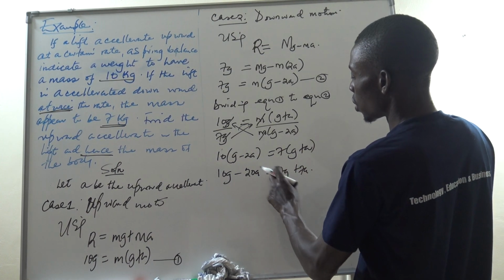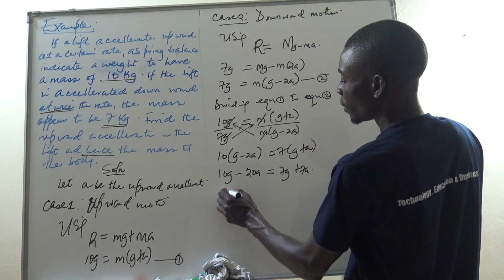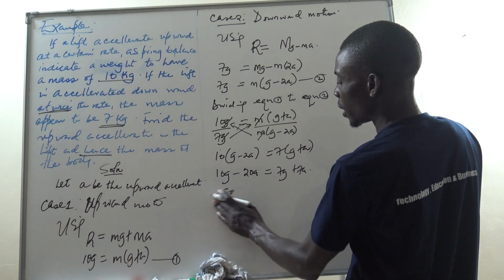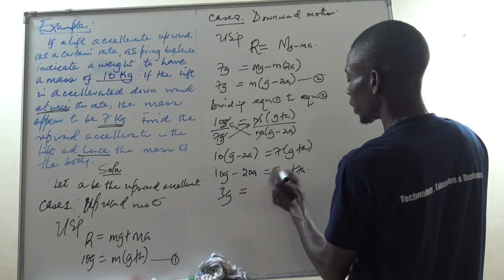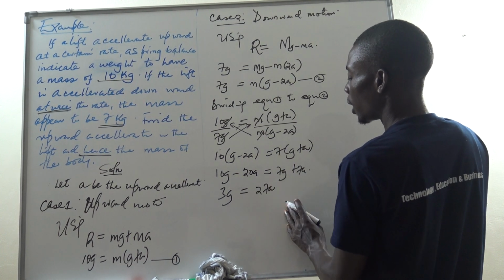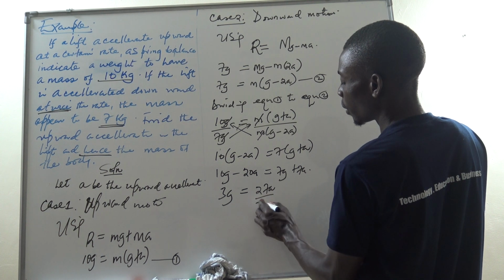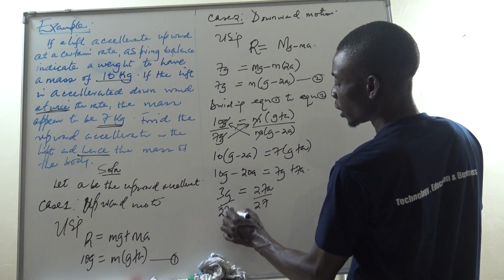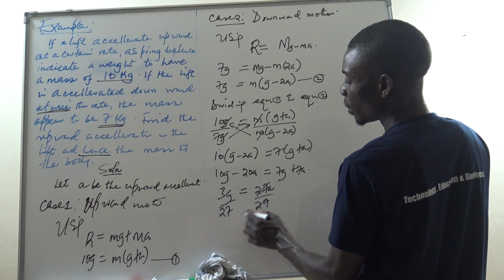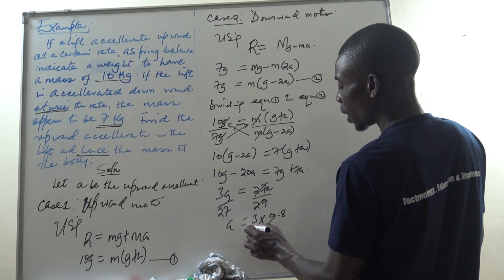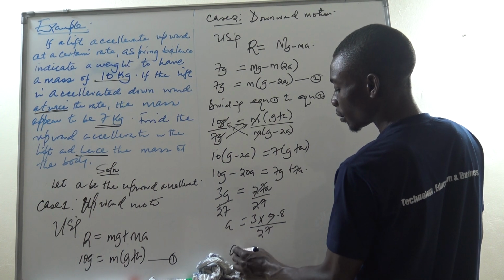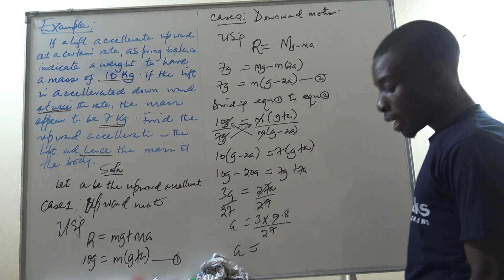So if this goes to the other side, we shall have 3g equals 27a. We shall divide that by 27. So that means my a is 3 times g, which is 9.8, out of 27. What is my a in that case?